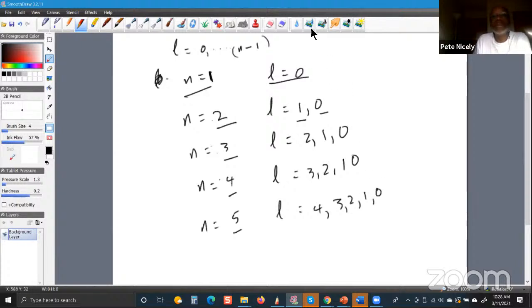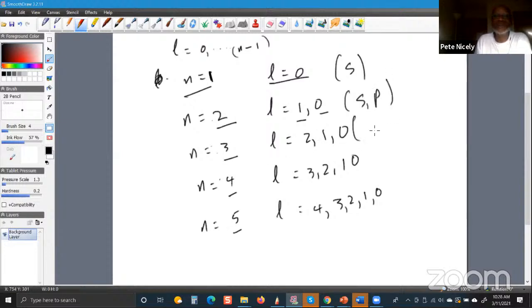All right? And remember, there are some letter designations associated with these L values. So in the case of L equal to 0, we only have an S subshell within the N equal 1 shell. If L is equal to 1 and 0, we're talking about S and P subshells.